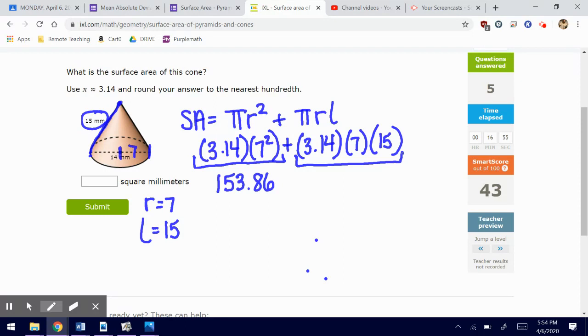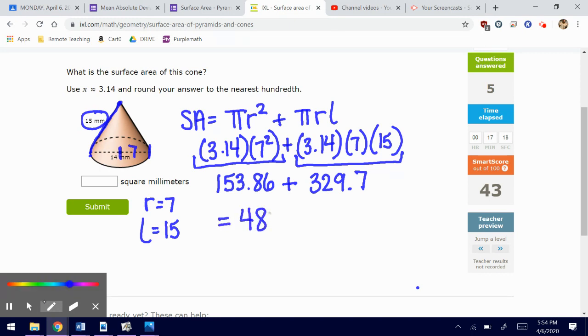I get 329.7. Okay, if I add these two together, 153.86 plus 329.7, my total surface area for this cone is going to be 483.56.